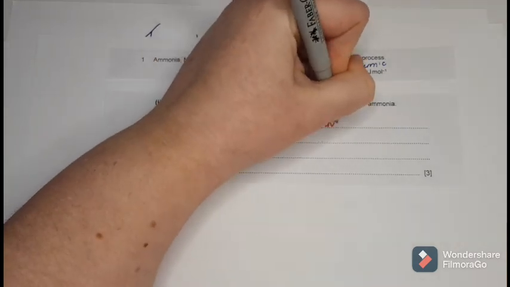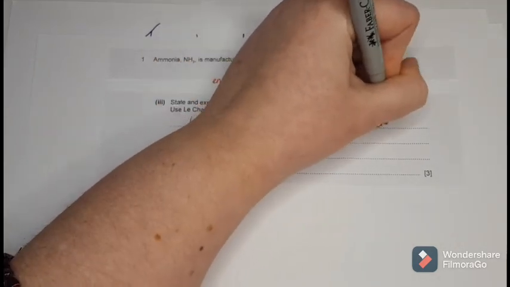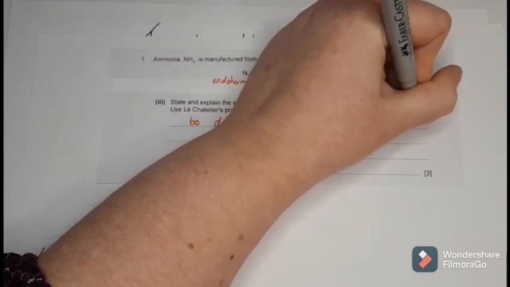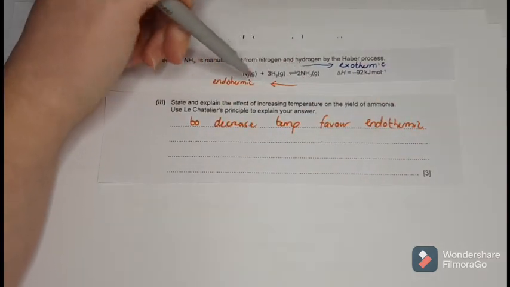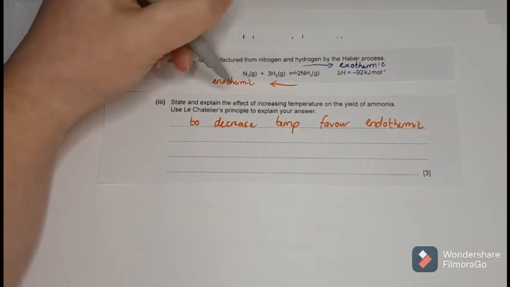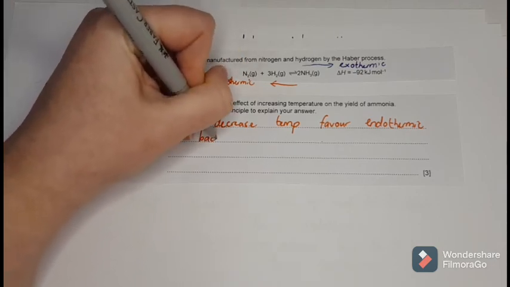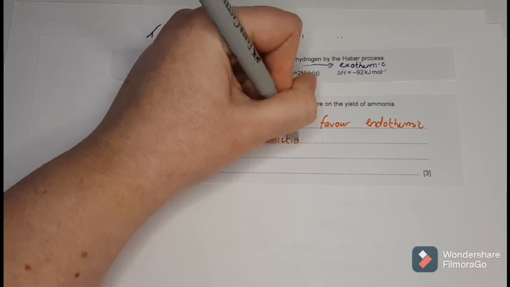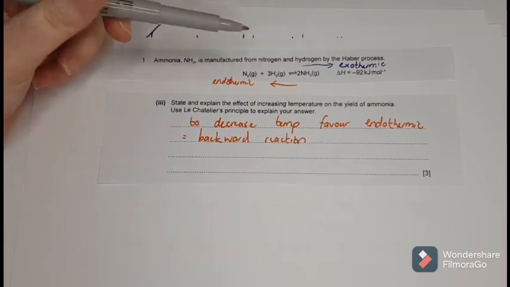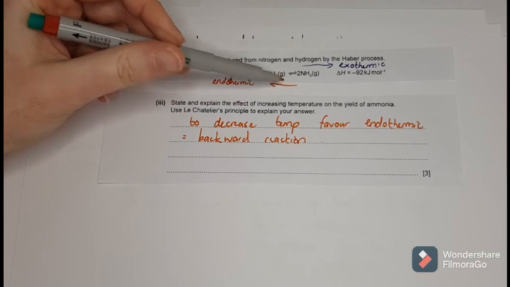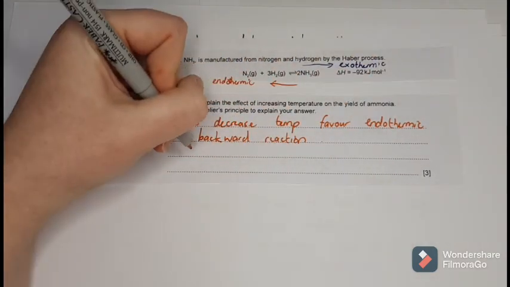In this case, the endothermic is the backward reaction, which means that equilibrium is going to shift to the left.